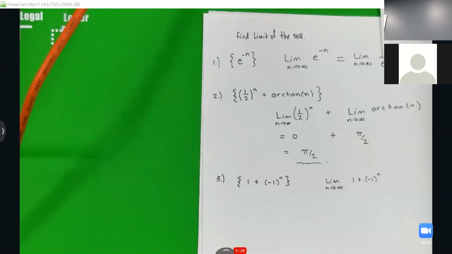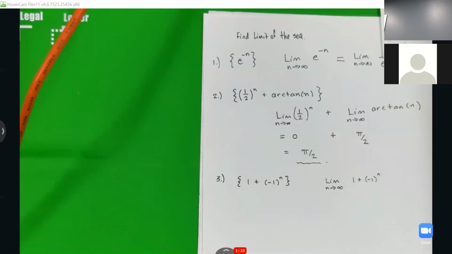We'll see about this one. Doesn't have a limit, right? Sometimes you have 1 plus negative 1. Sometimes you have 1 plus 1. Those are the only two things that show up as n increases. A 1 plus negative 1 or 1 plus negative 1 or 1 plus 1. So it's either 0 or 2.